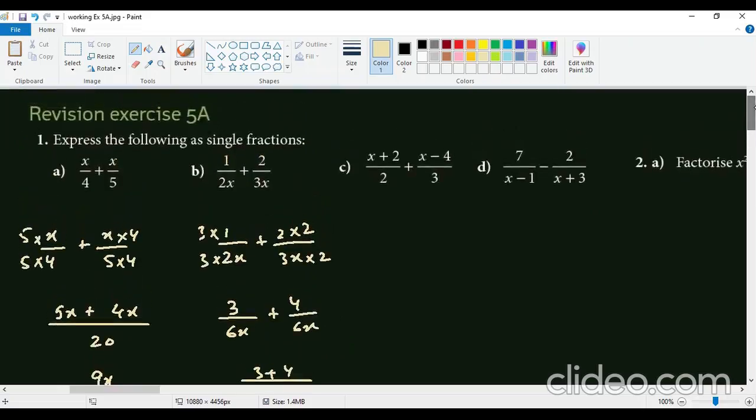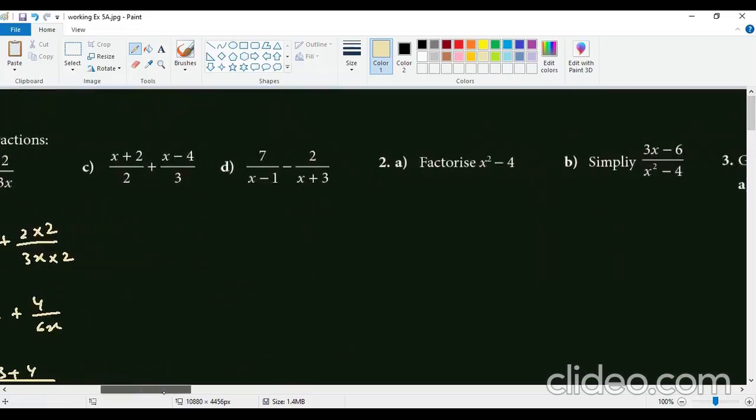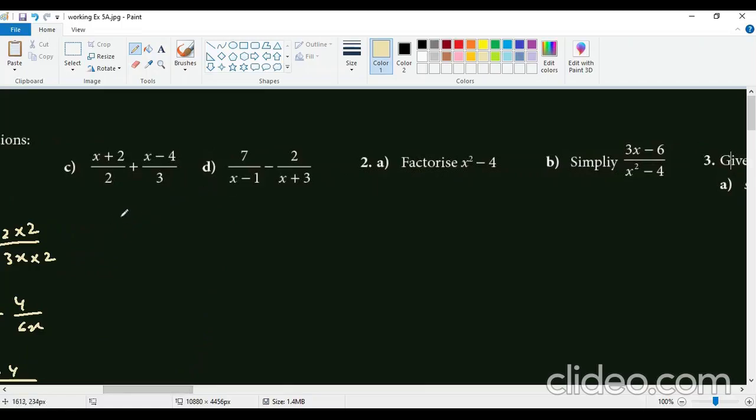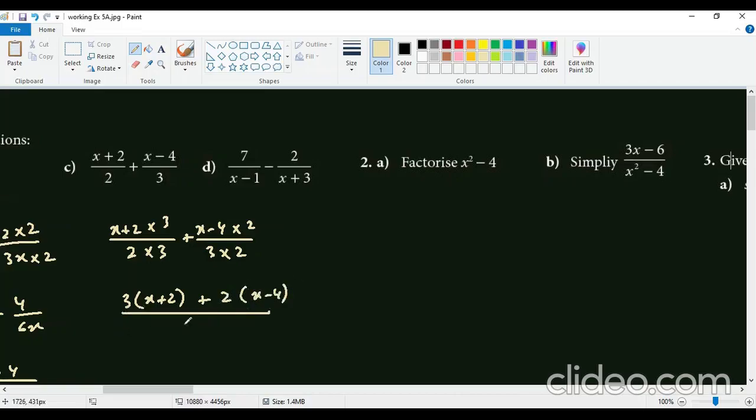Moving on to question number C. In here, I'm going to do the same thing once again. x plus 2 over 3 plus x minus 4 over 3, and this is going to give us multiply by 3, multiply by 2 to make them equal. I will multiply this by 3 and this by 2. So I will write 3 bracket x plus 2 and 2 bracket x minus 4, and as a denominator I will write a 6.